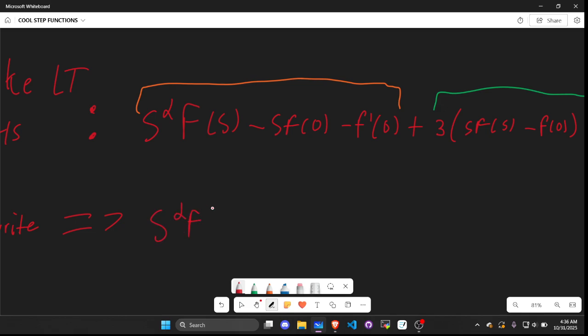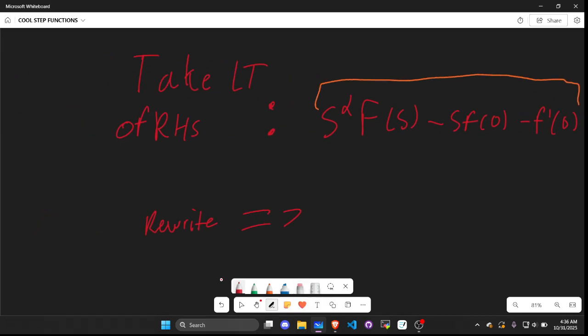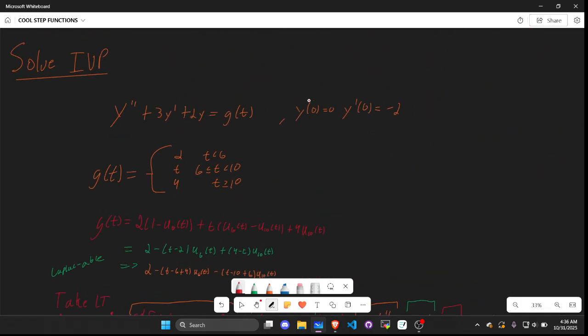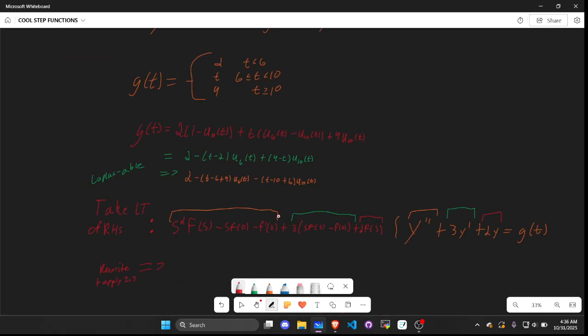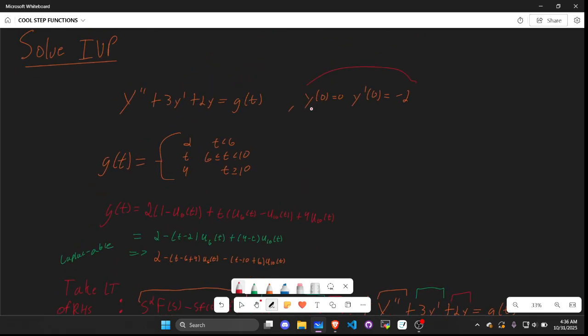Rewrite it as s squared F of s, and we're rewriting it, but we're also applying initial conditions. Because if you remember, we had these initial conditions that we defined earlier, and I'm using F's now, and these are y's, but just know that they're identical. So we're going to apply our initial conditions.